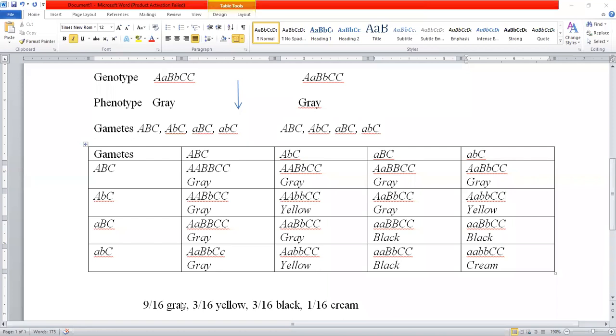Then we can count the yellow. Yellow are 1, 2, and 3. Then is the black. So 1, 2, 3. We can look, 3 are the black, and this one is only the cream.